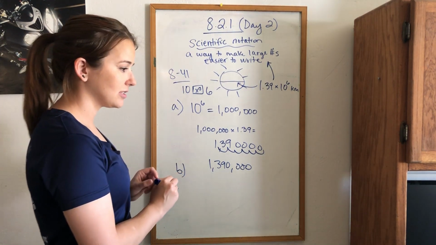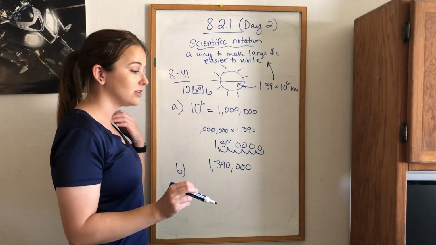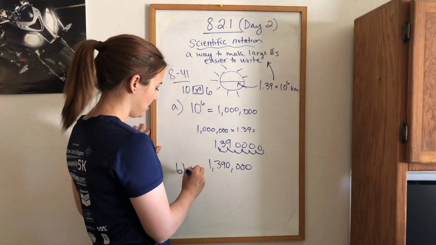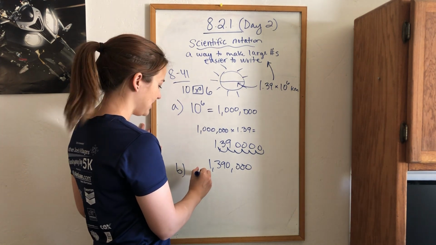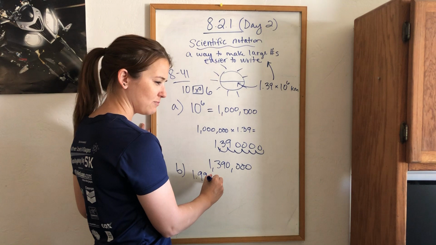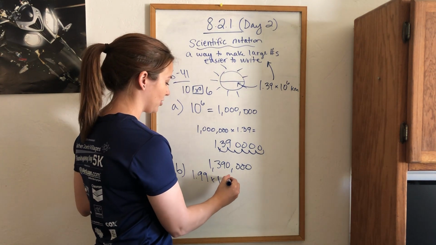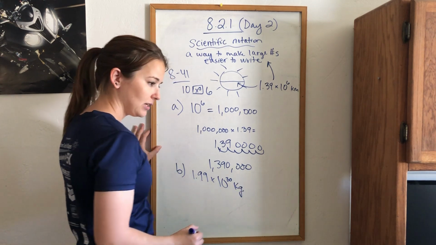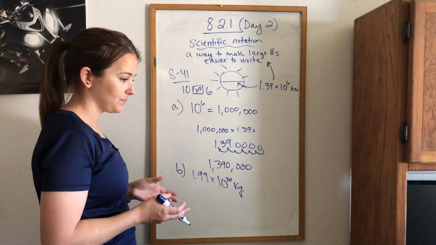B says, in scientific notation, the mass of the sun is approximately 1.99 times 10 to the 30th power kilograms. What does this number mean?